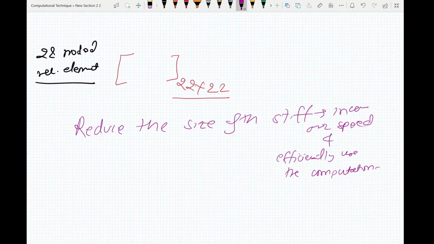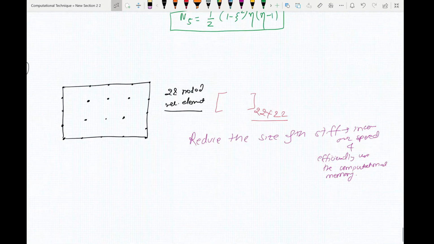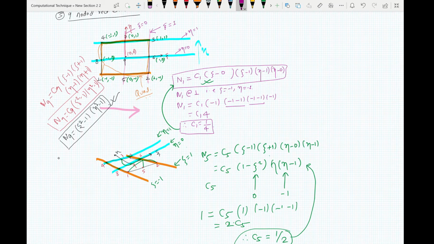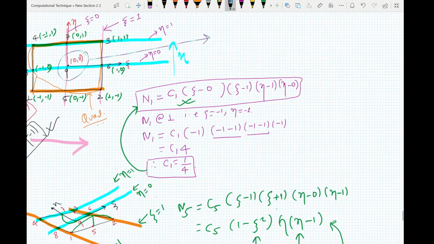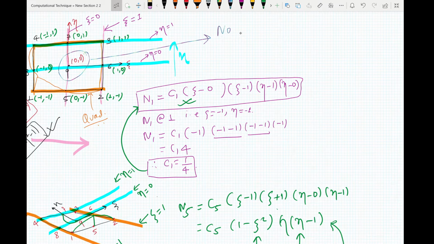So when you look above, the way we found the shape function for n9, the 9th node, you can see here that this 9th node, which is inside the element, has no contribution to element boundaries.